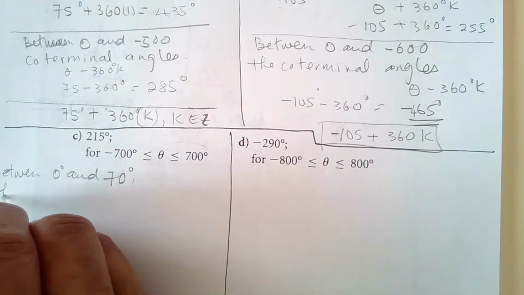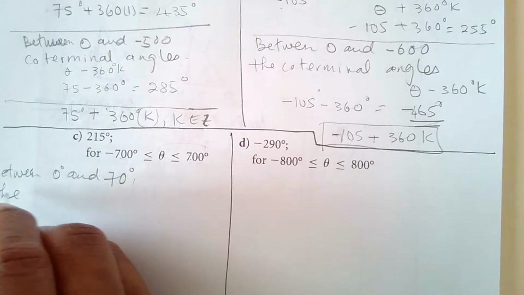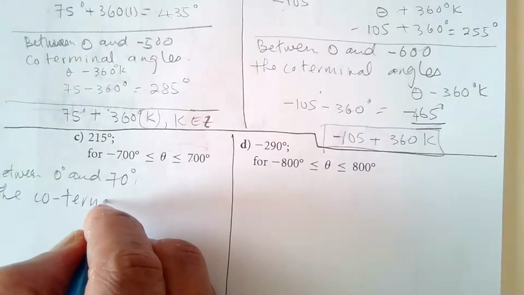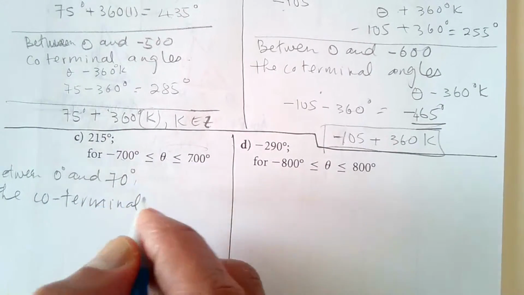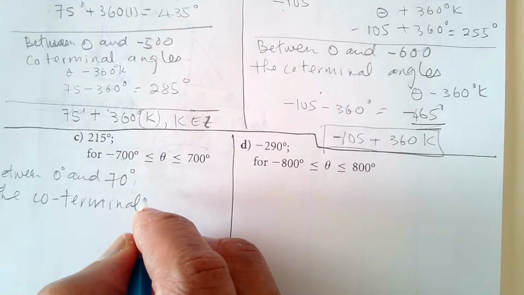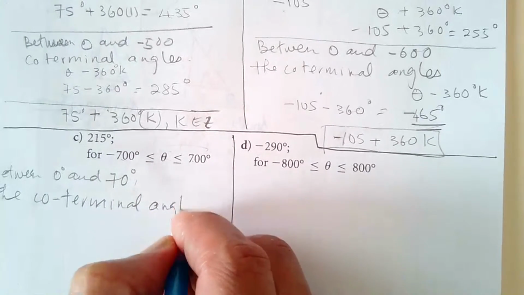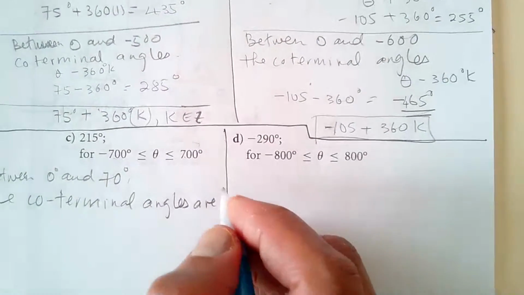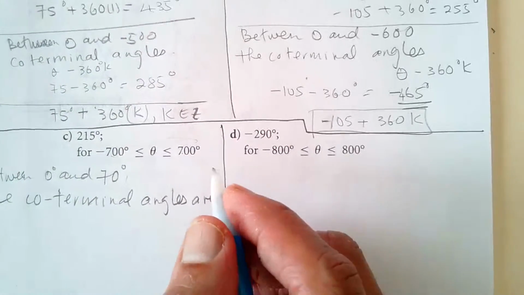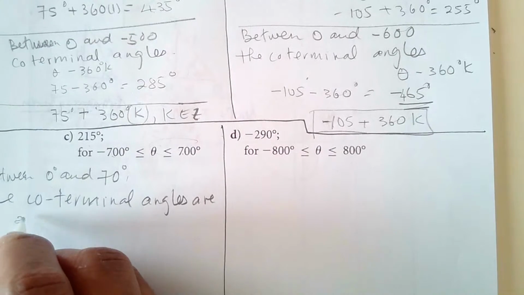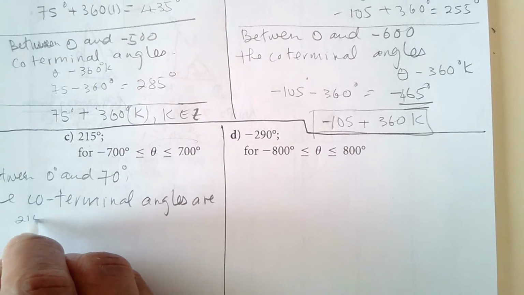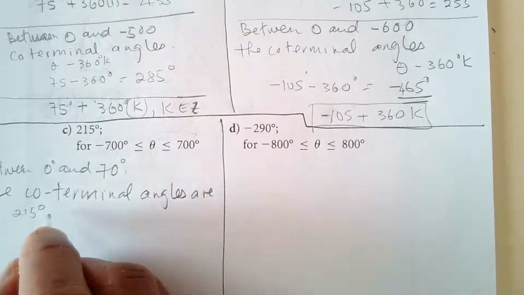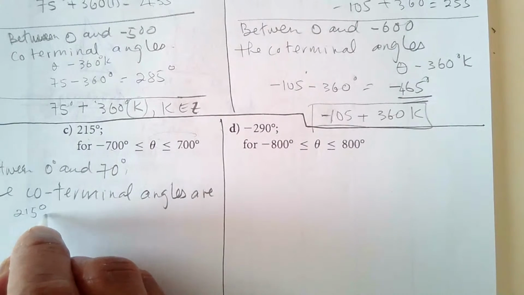The coterminal angles are, so we're starting off with 215 degrees. That's 1. So we have our standard one.